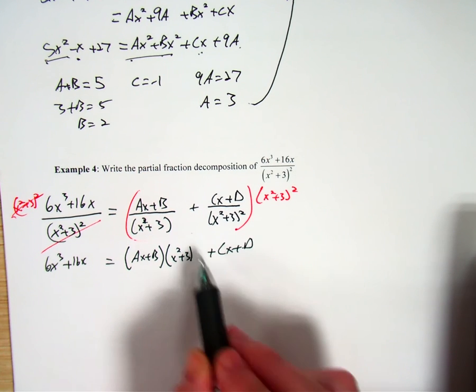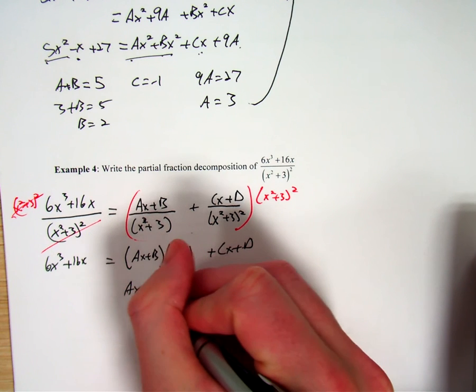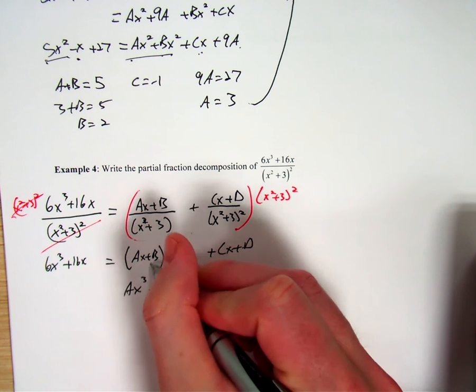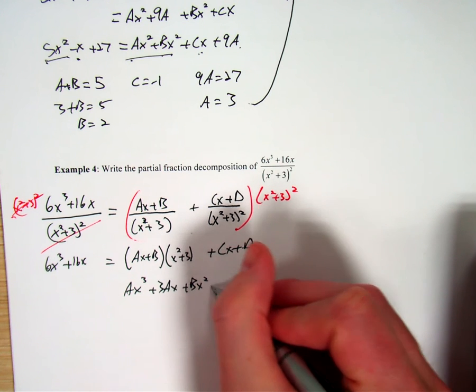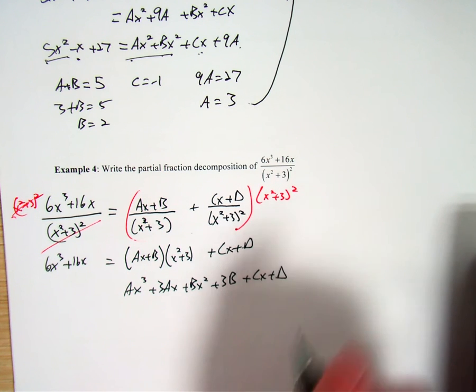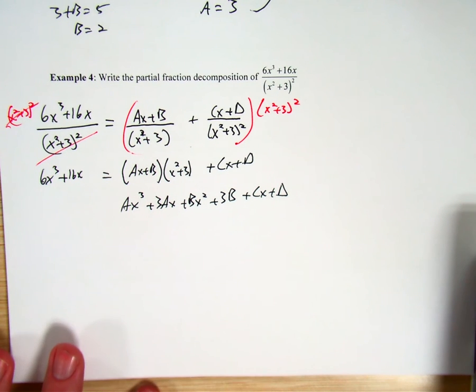Alright, let's multiply this out. We'll FOIL this out. Ax cubed plus 3ax plus bx squared plus 3b plus cx plus d. Okay? If you're really feeling it, go ahead and push pause here and you know what to do.